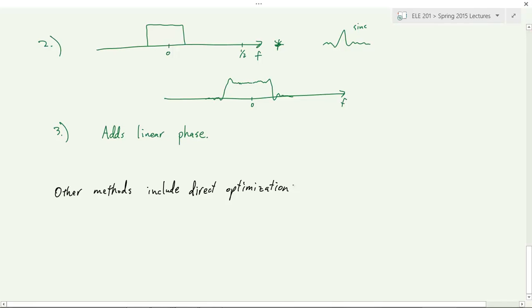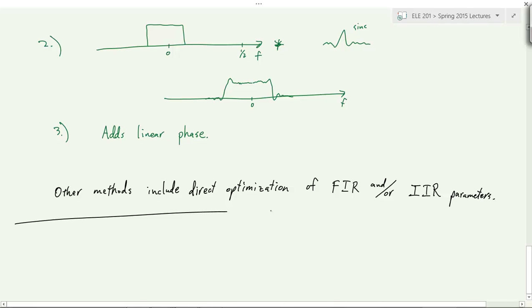People call these ARMA filters, autoregressive moving average filters. But whatever, you have some parameters to fit. You can actually just fit this as a direct optimization problem. Optimize those parameters to match your frequency response as closely as possible. You're going to have some error, but you can minimize the total error. And there are many techniques. If you take a DSP class, you'll learn some of these techniques.